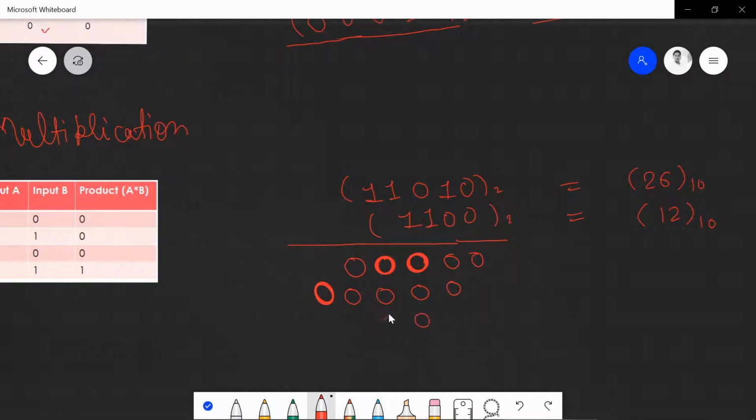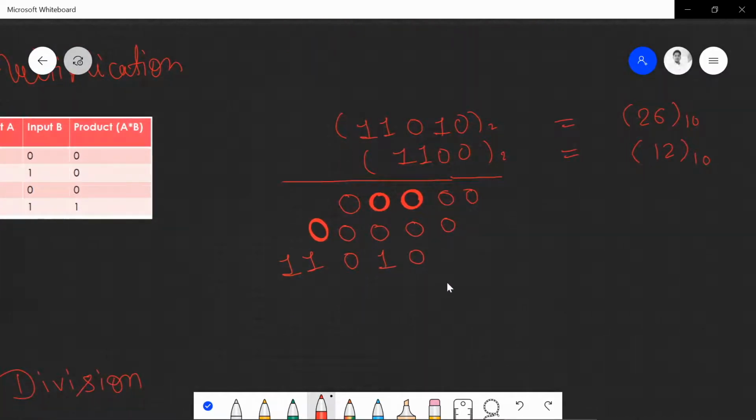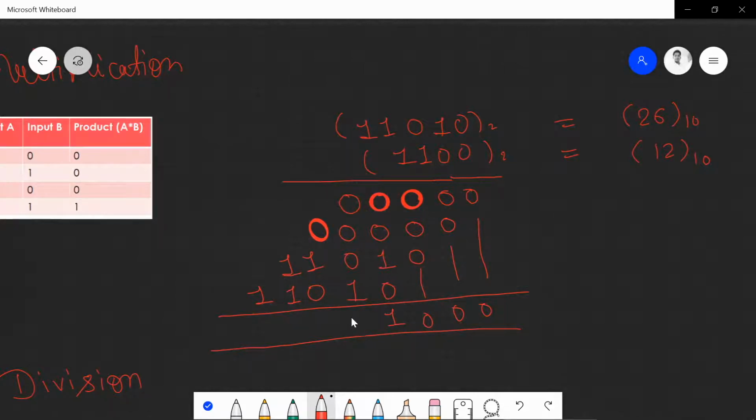So it will be 0 1 0 1 1, and again shift it by 1, so it will be 0 1 0 1 1. Now add them and get the answer. So it will be what? 0 0 0, this will be 1, this will be 1, this will be 1, this will be 0 1 1 0. This is the answer in the binary number system.